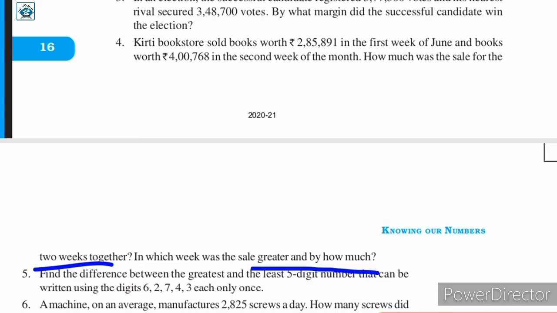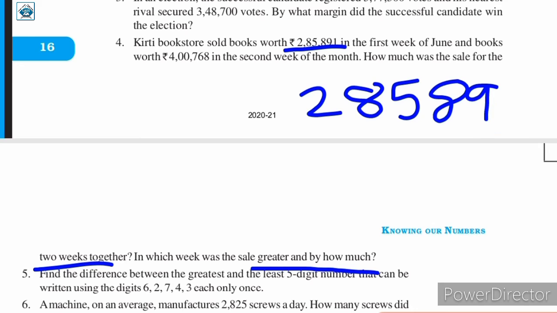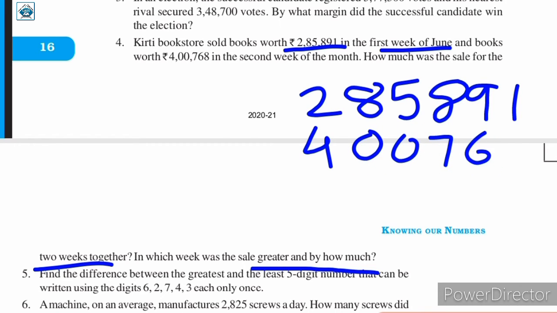So in this question we are given Kirti Bookstore has sold books worth 2,85,891 in the first week of June, and in the second week of June they sold books worth 4,768 rupees.